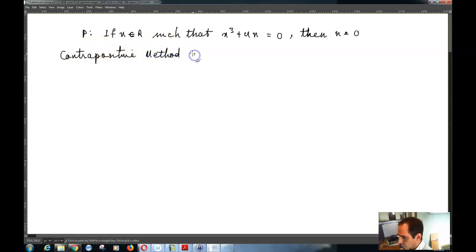Now, using the contrapositive method, what you need to do is show that, assuming not Q, you have to show not P, meaning that if Q is not true, then P is not true. That's the contrapositive method.